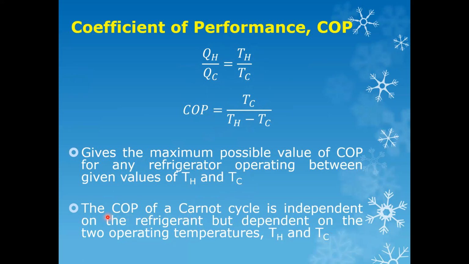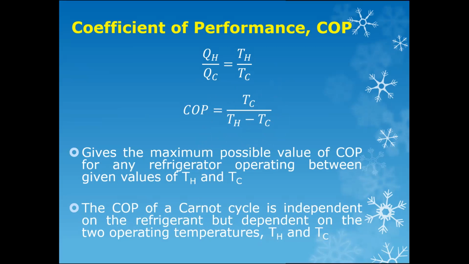Just like in the previous lecture, the COP of a Carnot cycle is independent of the refrigerant, but dependent on the two operating temperatures, TH and TC. So there's no way that we factor in the type of refrigerant in this equation. We simply need to know the low and high temperatures.